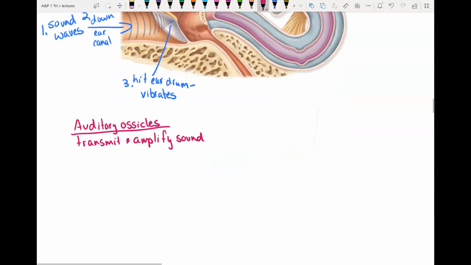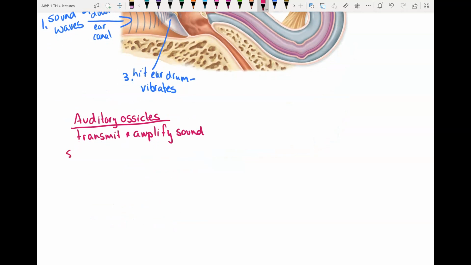So the eardrum vibrates. Sound waves make the eardrum vibrate. That makes the bones vibrate.